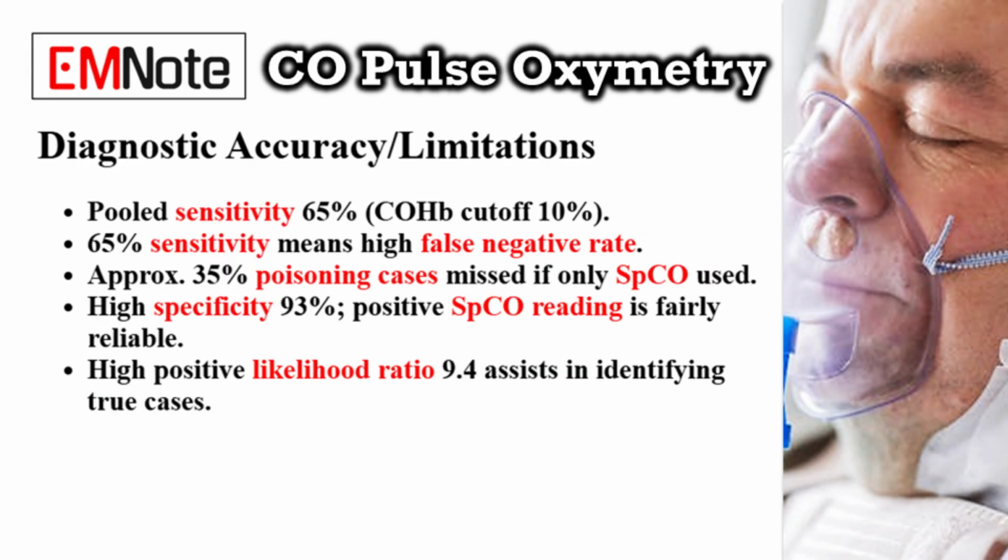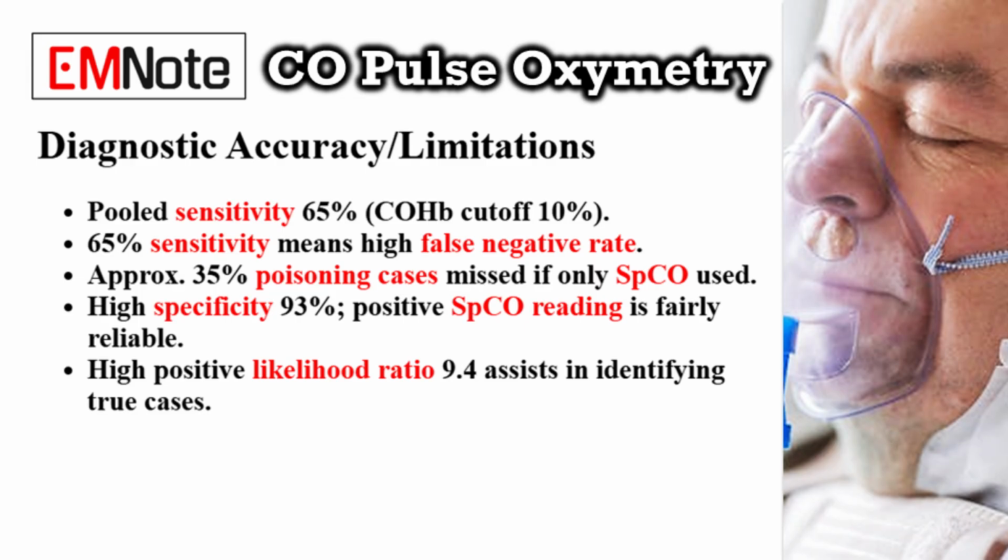Diagnostic accuracy and limitations. While rapid and non-invasive, the diagnostic accuracy of SpCO is considered suboptimal for clinical screening or definitive diagnosis. A systematic review and meta-analysis involving 6 studies and 1,734 patients assessed its performance using a COHb cutoff of 10%.